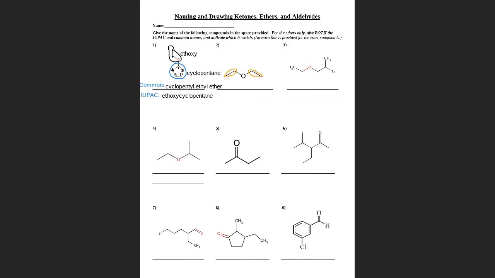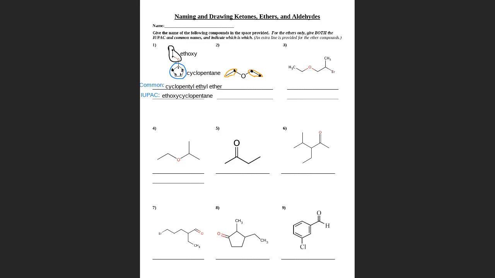Don't you name either side of the oxygen? You name either side of the oxygen. So on the right-hand side, that would be what kind of group? Propane, propyl. Well, on the right-hand side, this is actually just 1 carbon here and 1 carbon here, right? Oh, yes, you're right.